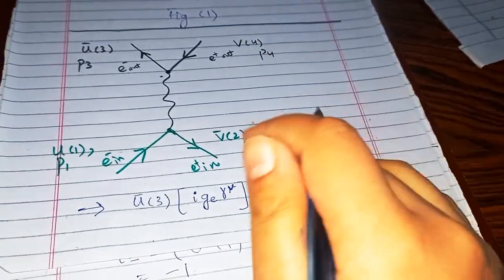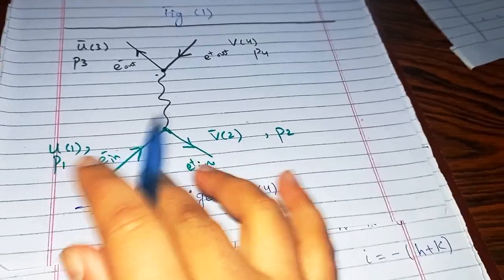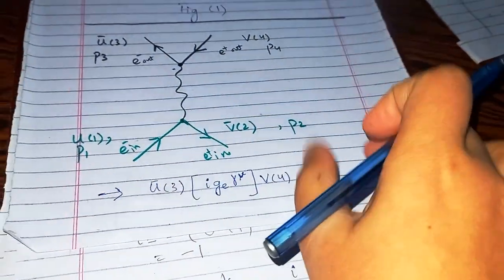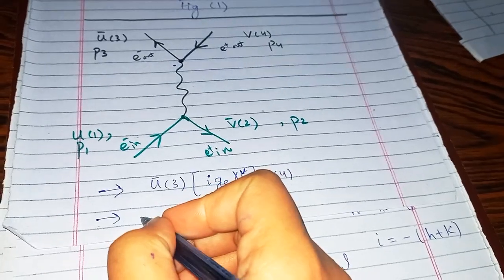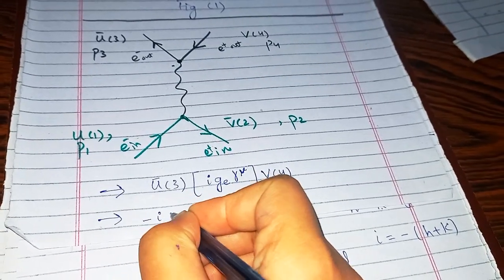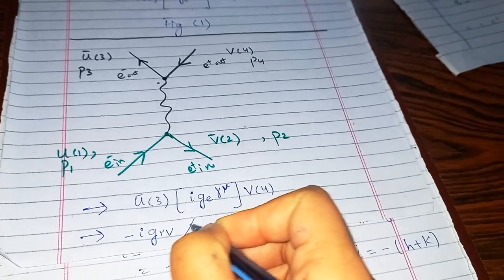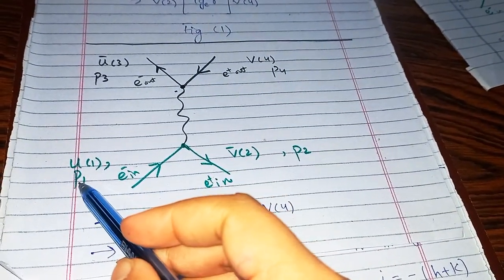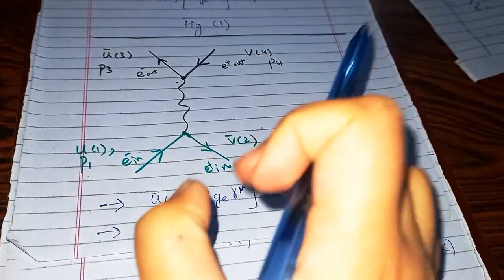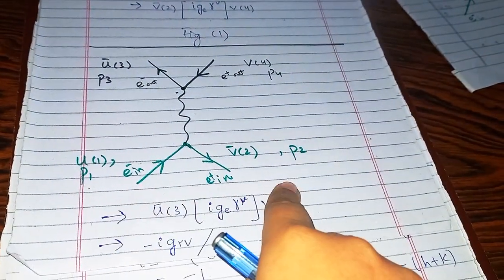Then we can have a propagator. We can write it with this factor as well. So let's write down the propagator separately, and we'll have minus iota g mu v divided by, here we can see that the electron and positron combined together to form a photon, so their momentums will be added.